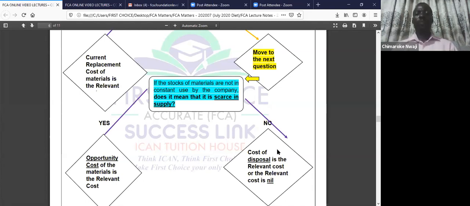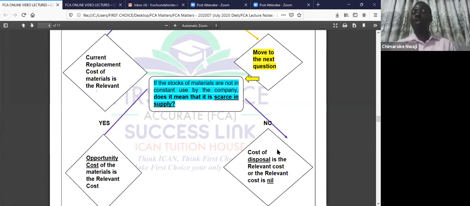What if you don't dispose of it? What if you say, okay, if I take this flour now, nobody is going to miss it. Nobody is using it. It is just there in the store. What is the relevant cost? It is nil, because you are not purchasing it anew, you are not replacing it, and you are not thinking about the historic cost.